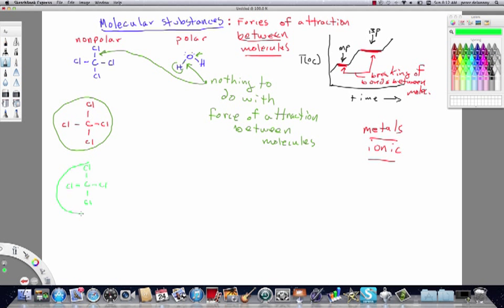Put a circle around that. The intermolecular bond that we're talking about, or the force of attraction between the two molecules, is here. That's what this is. Force of attraction between the molecules.